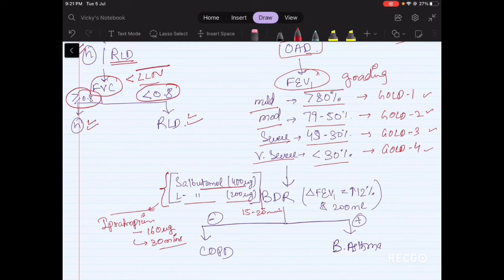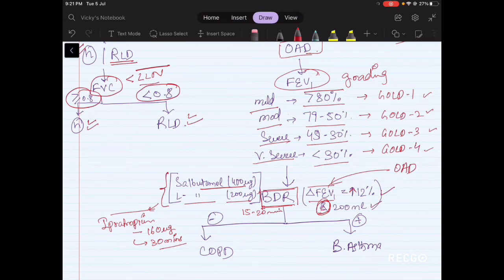So coming to bronchodilator reversibility, here we see FEV1, because I've already told you in obstructive airway disease we usually see FEV1, right? So FEV1 should be increased by 12% and 200 ml. You should always remember that it is 'and', both these conditions should be satisfied, right?